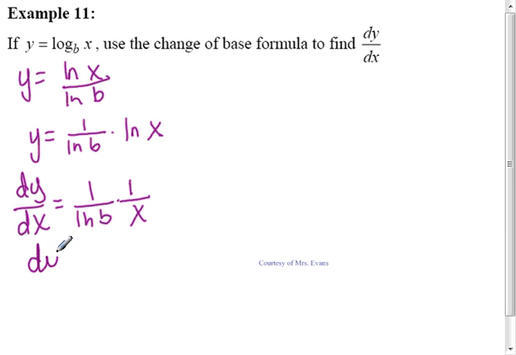Alright, so the derivative then is just 1 over x times the log of the base, or it doesn't matter what order you write it in. So there we go. So we're just doing 1 over the log of the base, or the ln of the base, times 1 over x, when we are taking the derivative of the common log.